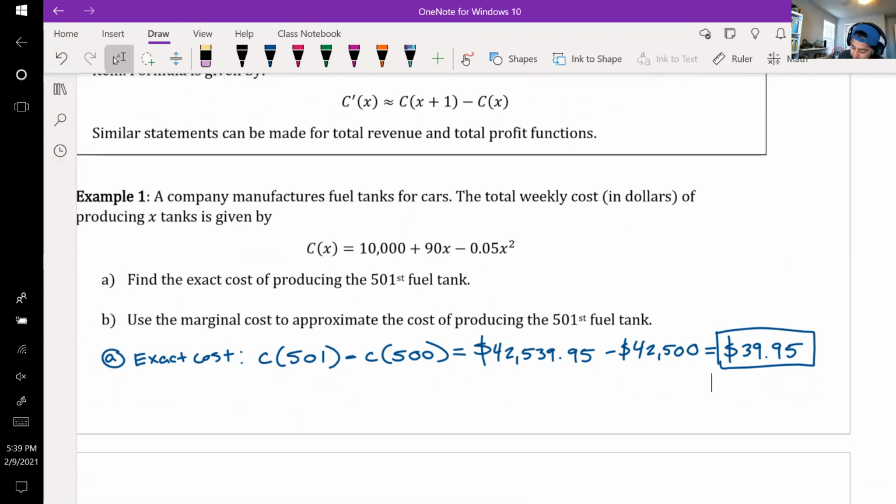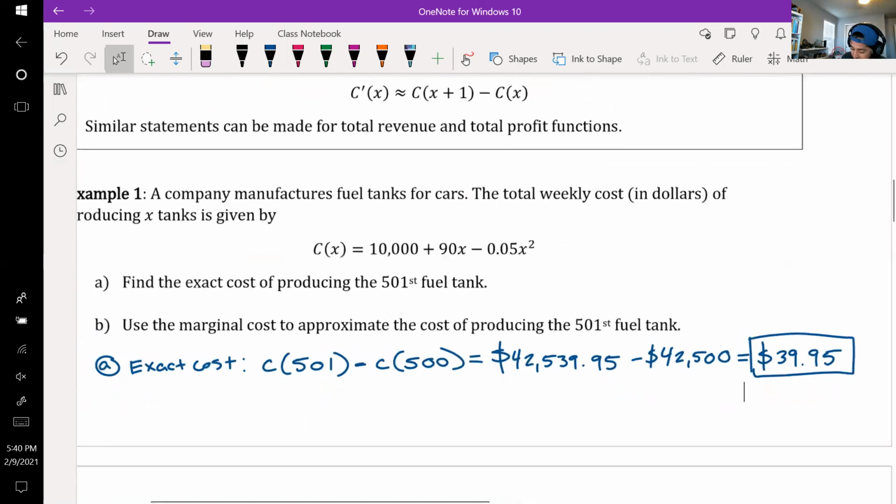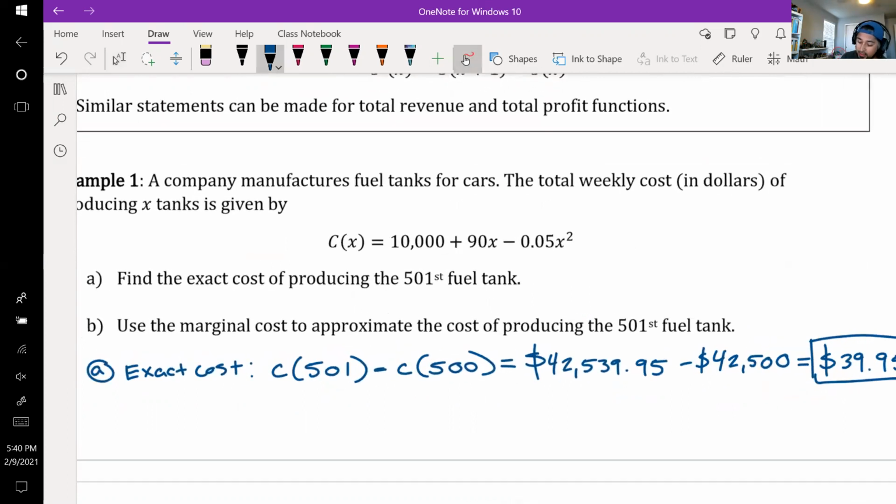Okay. And then this wants to know what is the marginal cost. So remember, marginal means take the derivative. So that's what we're going to do first. So for B, we're going to take the derivative of the cost function.